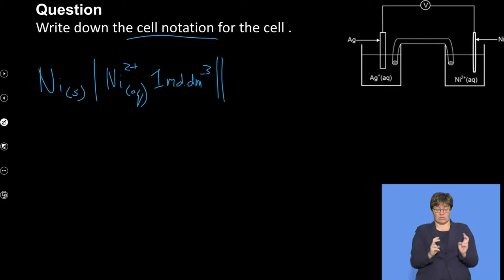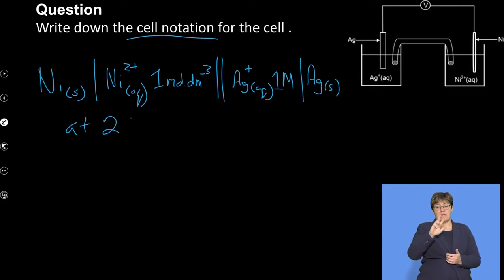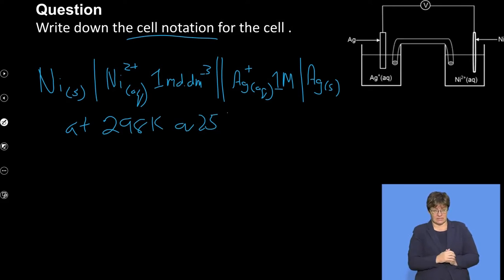Double line to indicate the salt bridge, and then we're going to say we want some silver ions, and those silver ions are in aqueous solution, and they have a concentration of 1 molar, and then we get a silver electrode, which is a solid, and we must say at 298 Kelvin or 25 degrees Celsius.